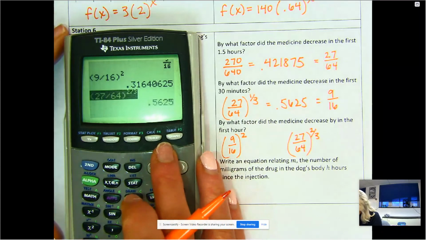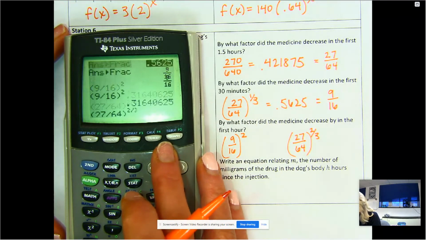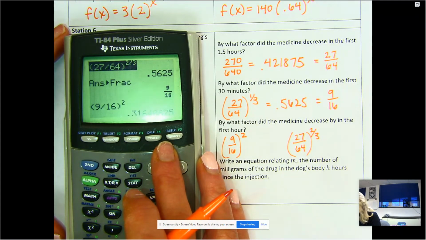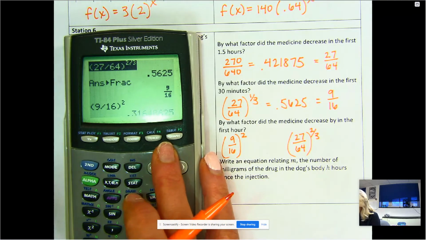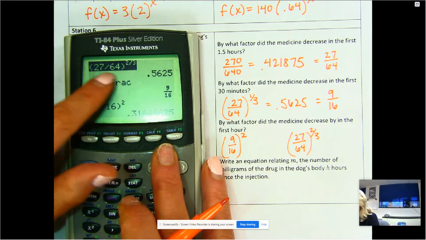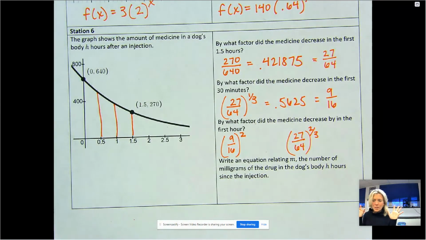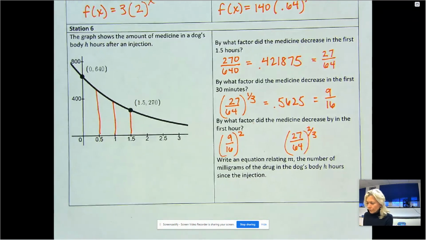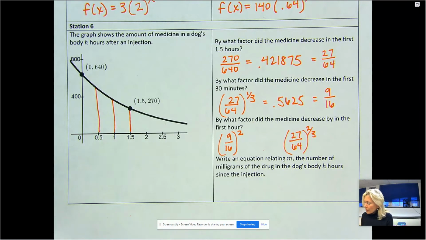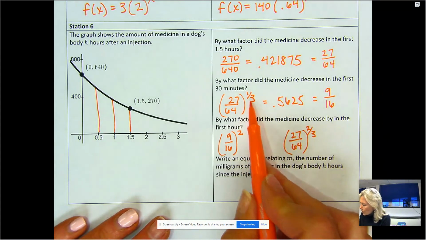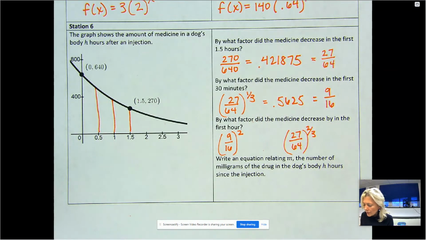Oh, I think it's up here actually. It's right here. I did 27/64 to the 2/3. I got to back up. Oh, and it's the end of the video. So I'm just going to redo this one problem. Shoot. So this to the 1/3, I just typed it into my calculator incorrectly. You maybe even caught that.